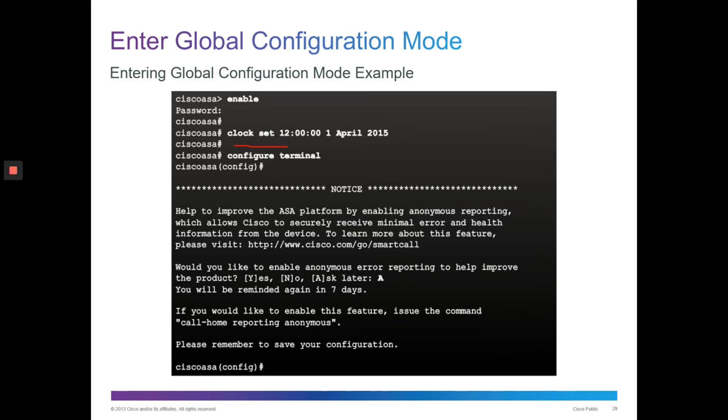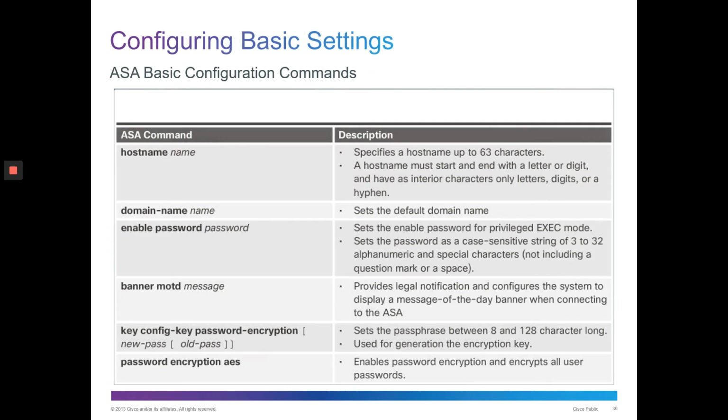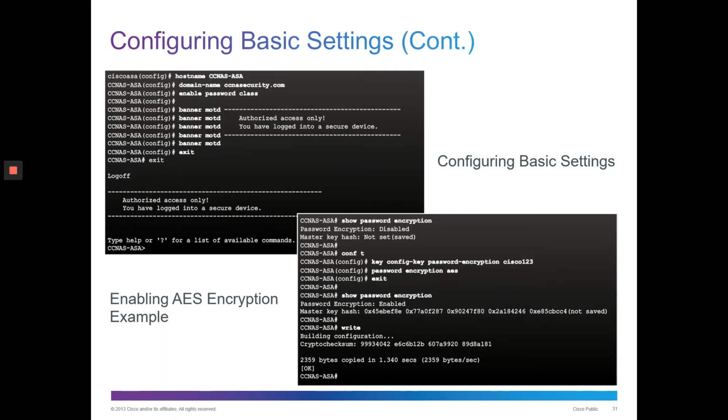This is where you can do more settings, for example hostname, domain name, enable password, banner MOTD. I was going to ask you about these, but I'm sure you guys already know what these commands are. We don't have to go into more details. But if you're not familiar with any of the commands, do let me know. Then we can discuss those commands.